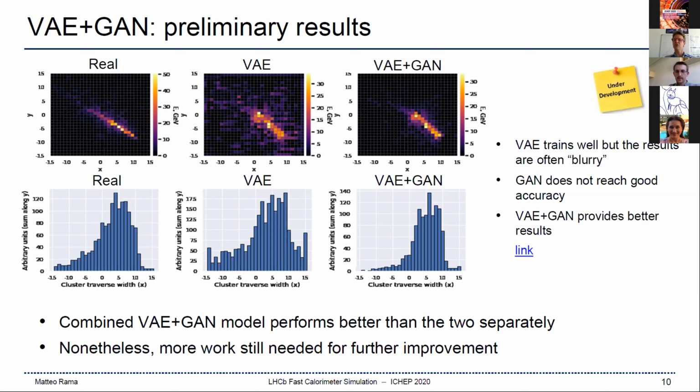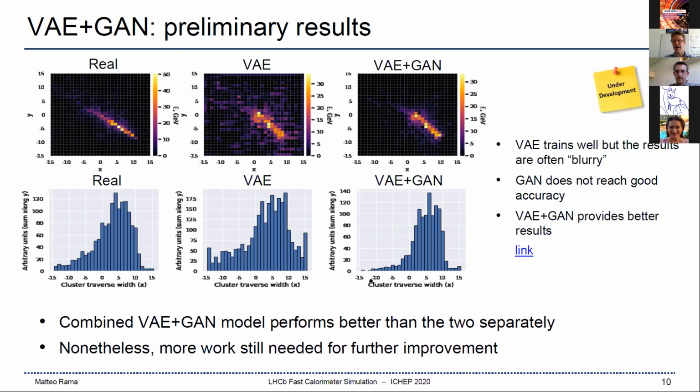So the autoencoder trains well, but the results are often a little bit blurry, as you can see. When it is combined with the GAN, the result is slightly better. However, the level of accuracy reached so far is not yet enough, and more work is still needed to further refine the current model or try different models.